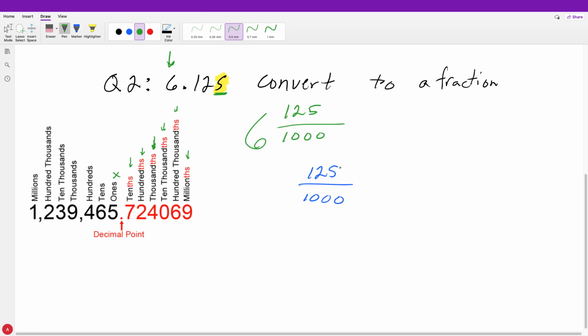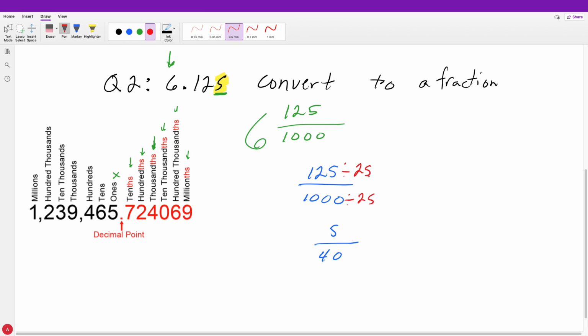I'm going to go through this in a little bit slower steps. If you know that 125 goes into 1,000 right away, then go ahead and simplify by that. What I'm going to do though is first simplify by 25, because I know that 25 goes into 125 and I know that 25 goes into 1,000. So 25 goes into 125 5 times and 25 goes into 1,000 40 times.